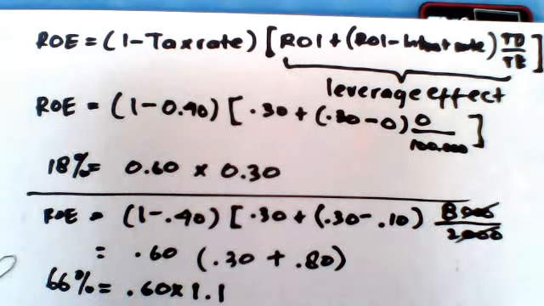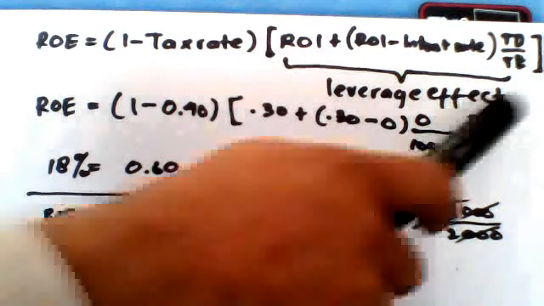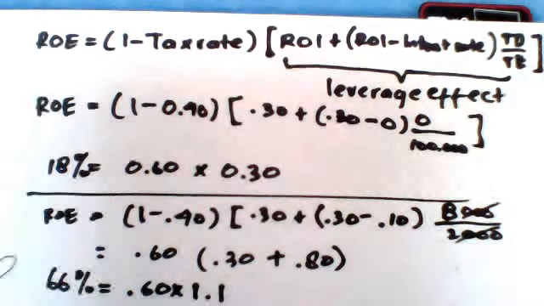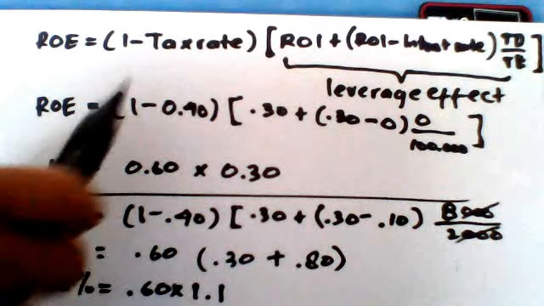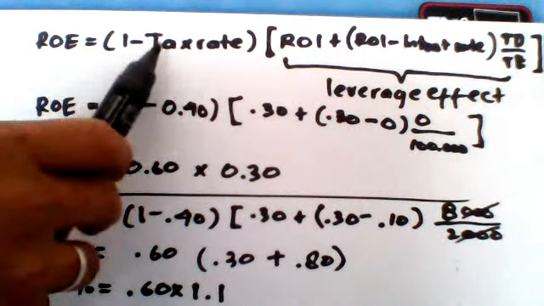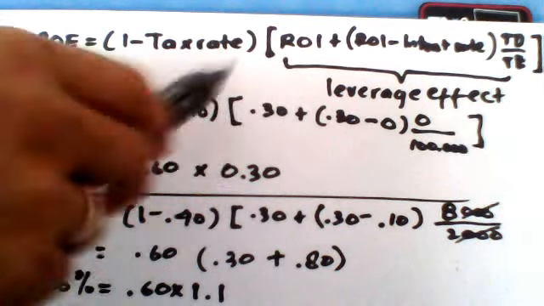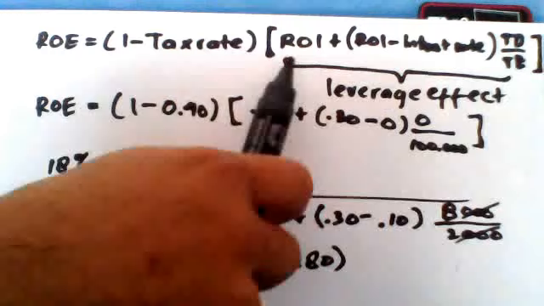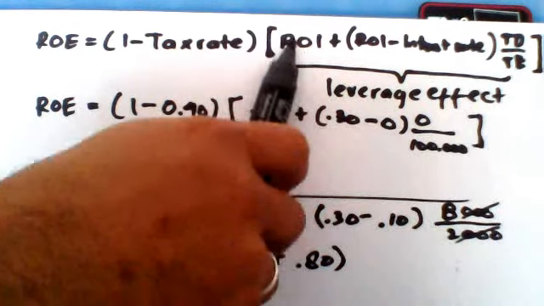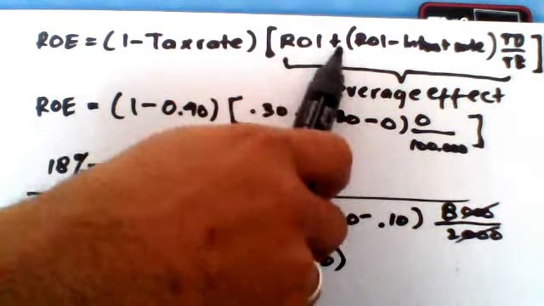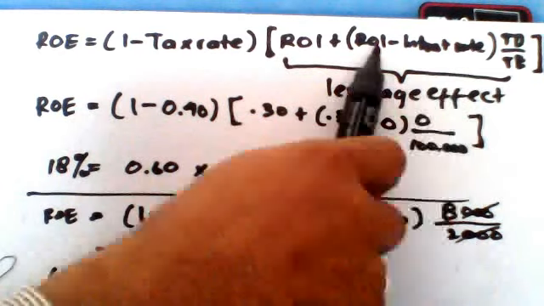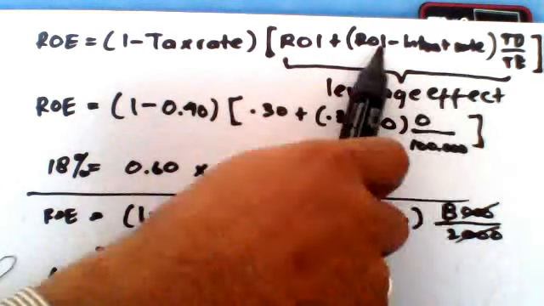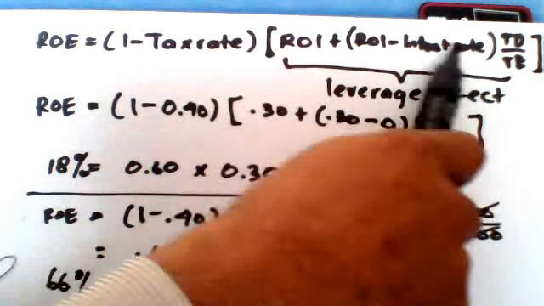Okay, here we'll learn another way to understand ROE. I've written the equation here. Basically, ROE is (1 minus tax rate), inside the bracket, times a bigger bracket: ROI, return on investment, plus a smaller bracket, ROI minus interest rate.